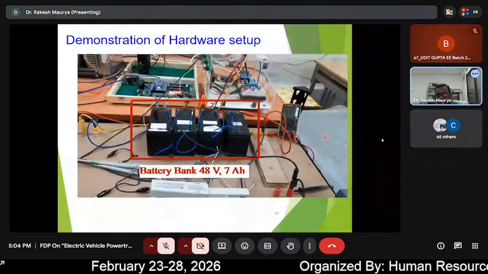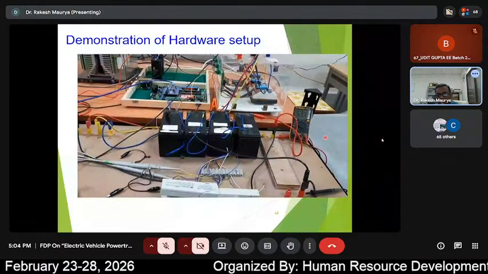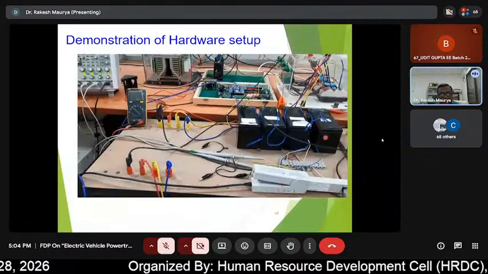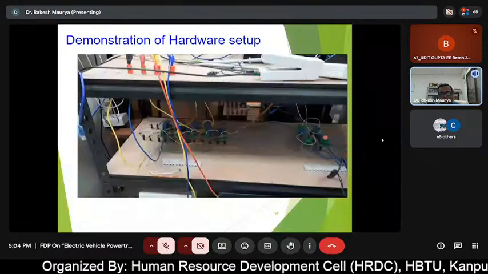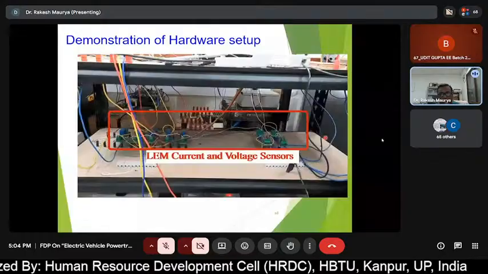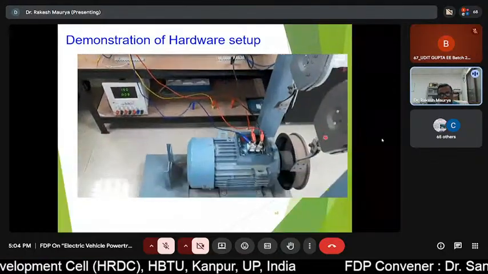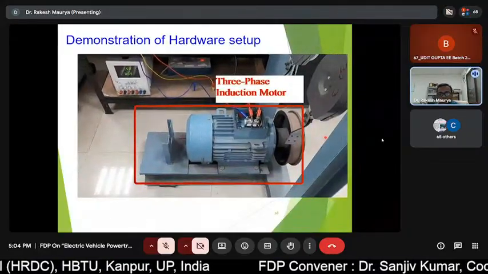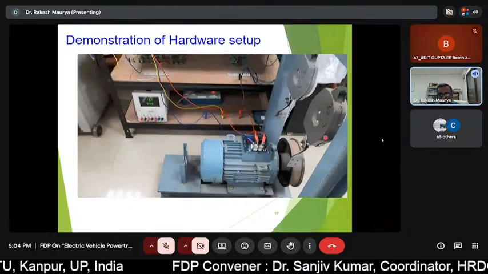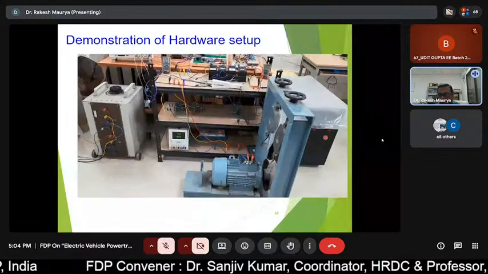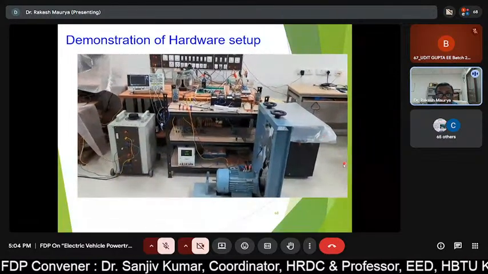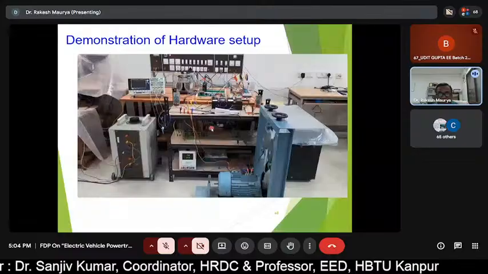See here, these are the 4 batteries connected, and 110 volt is the total DC link voltage, and these are the sensors utilized to sense the current. These motor windings are utilized as filter inductors to realize the 3-phase interleaved buck converter.